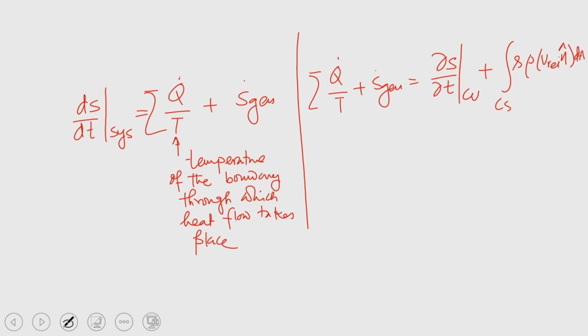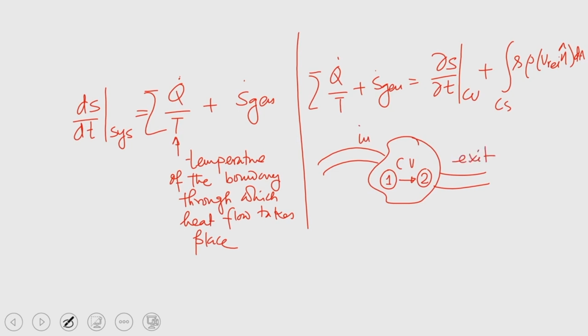We can take one assumption. If we consider that this is the control volume, and this is the inlet and this is the exit, and the control volume is changing from its state 1 to 2. So, this is a flow system: flow in and flow out.